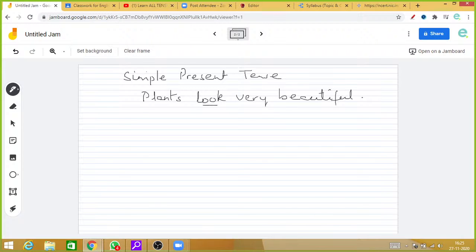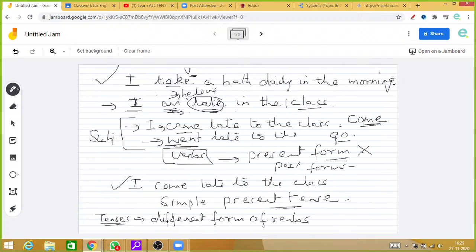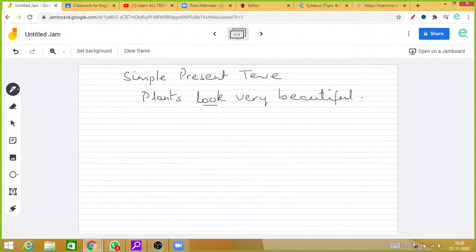So, which is the verb? Look. Very good. Okay. Now, Vaishnavi, you also give me a sentence. Don't hesitate and don't feel that it might be wrong or right. See, I also made a sentence which was wrong. I used came and went, which was past tense. So don't worry about it. Just give me a sentence.